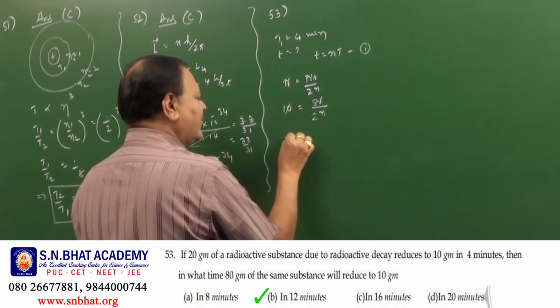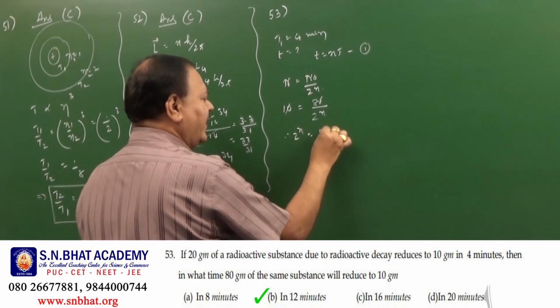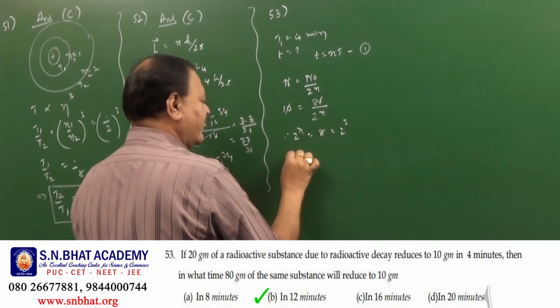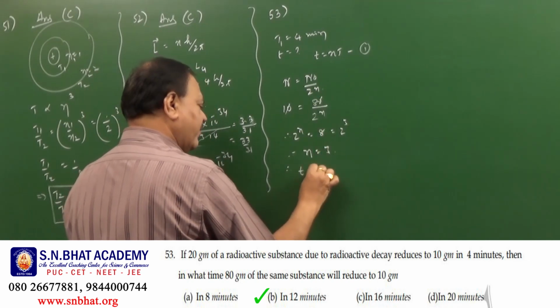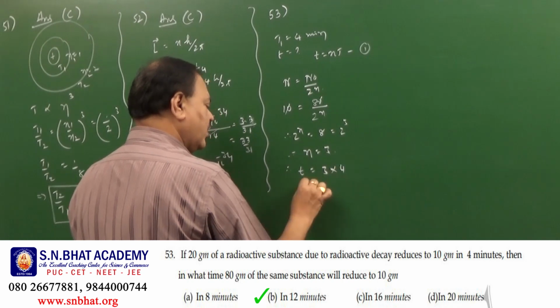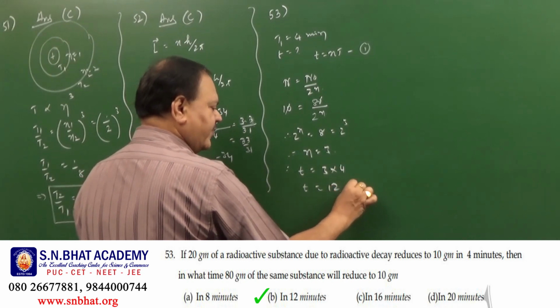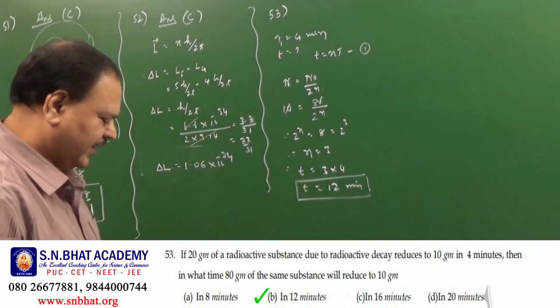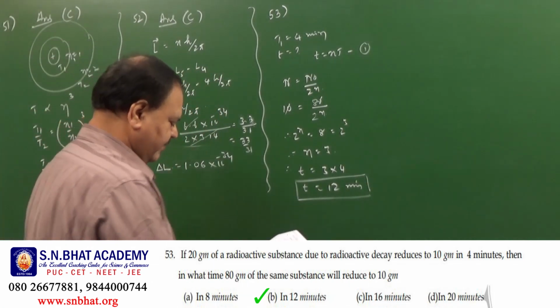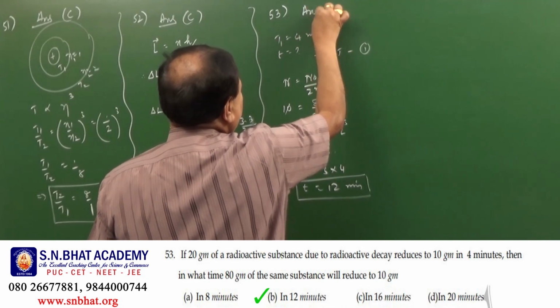Cancel that. So 2 to the power of n is 8, which is nothing but 2 to the power of 3. How many half lives? It's equal to 3. Substitute in equation number 1. It is 3 into 4. That's equal to 12 minutes. Otherwise it is oral calculation. So the answer for this question is B, 12 minutes.